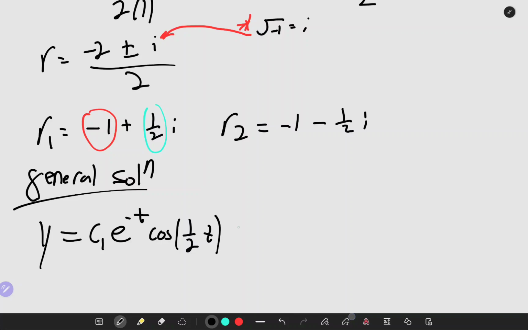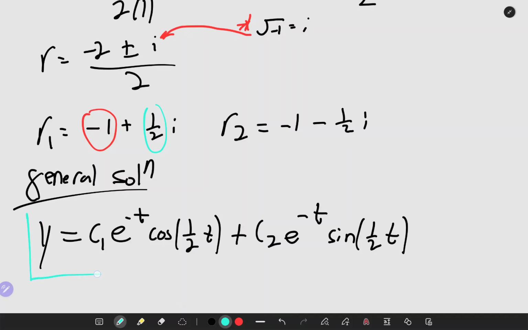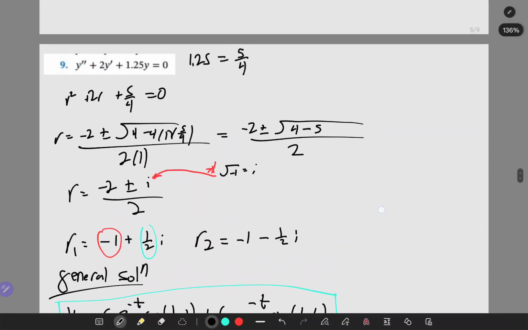Same thing goes for the second one. First term is negative 1, so this negative carries up here. For the second term, remember, we disregard the negatives and positives when this should be signed. We don't worry about the negatives or positives. That's just 1/2. You just look at the absolute value of the coefficient. Okay, that's the answer to this problem. So far not too bad. If you learn it this shortcut way, these problems are pretty quick, right?